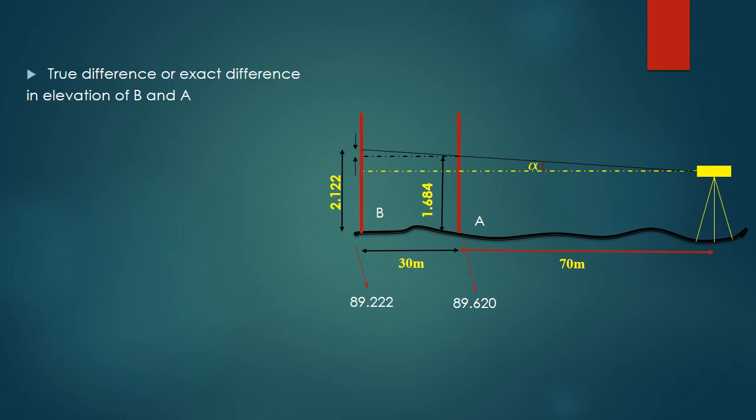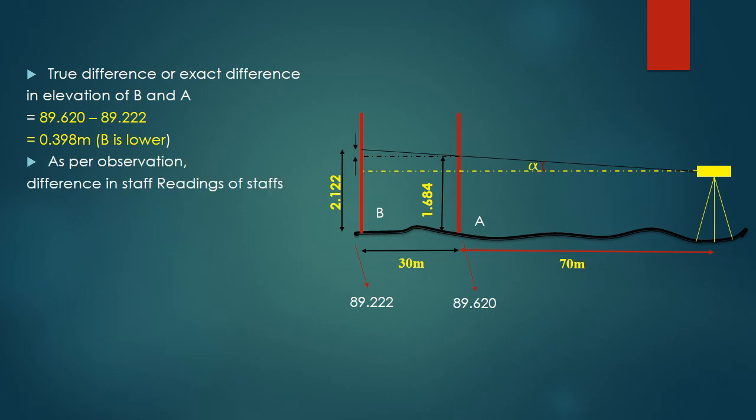Now let us see the true difference, or the exact difference in elevation, of B and A. The true difference in elevation of B and A is given by the difference in their reduced levels, the reduced level of A minus the reduced level of B. It comes up to be 0.398, and B is the lower station.